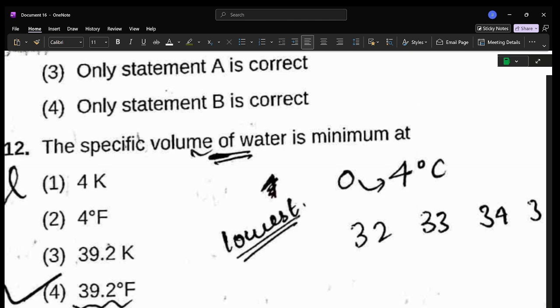Anyway, 5 by 9 scale, so you have 9 into 4 by 5 plus 32. 5 sevens are 35. So it will be 39.2. Yes. Got it. Fine.